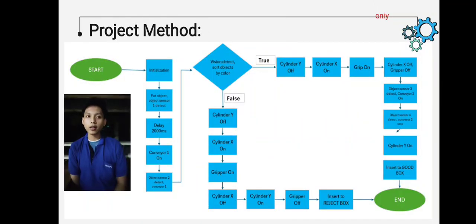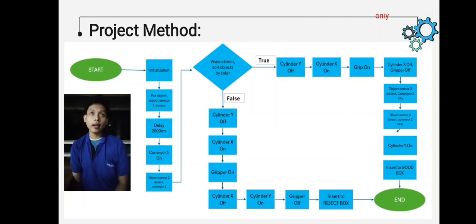Okay, for the last I will explain about the project method. First, we start, and we put the object on the conveyor, and sensor 1 will detect the object.